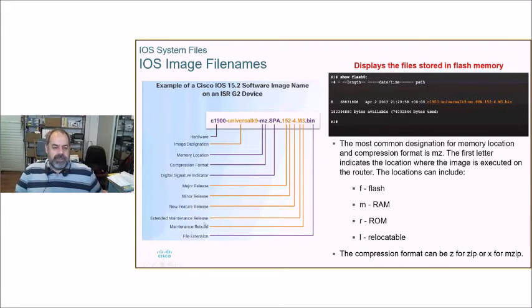There are different types of images, whether they're mainstream or feature updates, and M, I think, means it's a mainstream build. The file extension is bin, meaning it's binary.